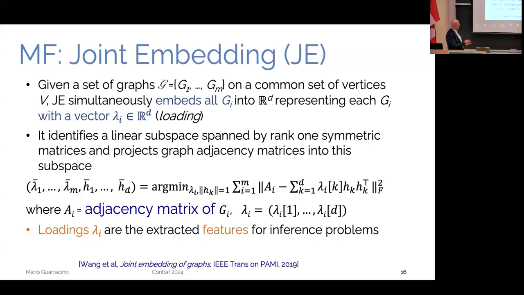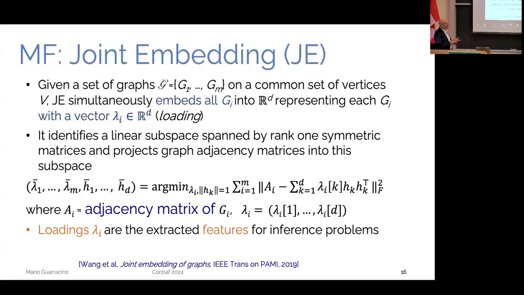So we try to obtain h_k, the vectors h_k, and the lambda i that are vectors that have d dimensions, and we try to minimize this quantity. So we end up with a representation, one lambda i for every graph, for the M graphs. These have d dimensions, k varies from 1 to d.